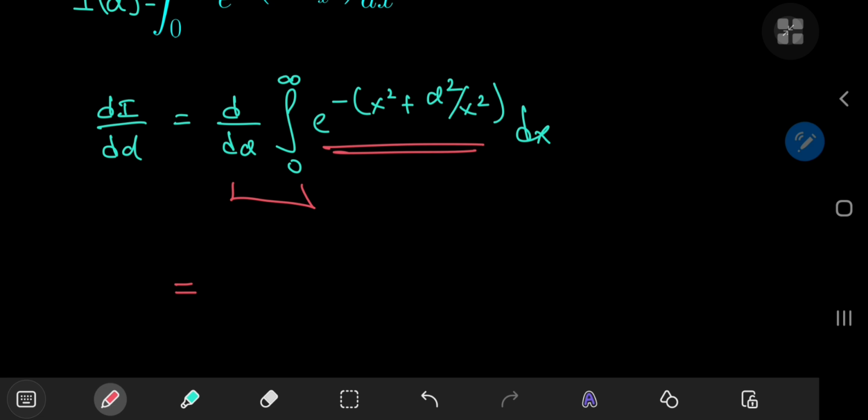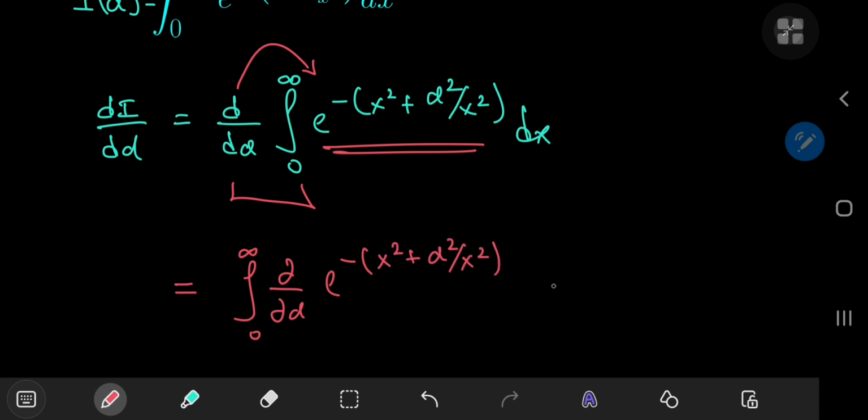So yeah, there are no problems regarding convergence or boundedness, so we can perform the switch up, and once we perform the switch up, the total derivative with respect to alpha becomes a partial one. So we're differentiating partially with respect to alpha, e to the negative x squared plus alpha squared by x squared, and the integration is being carried out with respect to x.